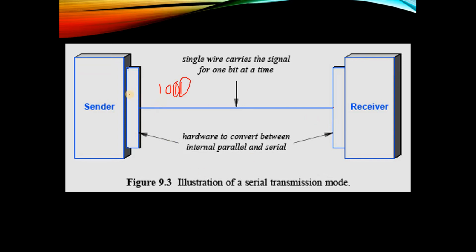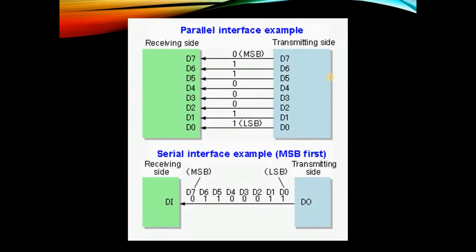So this will convert parallel to serial, then the data will transmit, then serial to parallel. So there is a need of converter hardware to convert between internal parallel and serial. So I repeat, how many cables does parallel use, how many cables does serial use? Yeah, serial uses a single cable, parallel uses multiple cables.